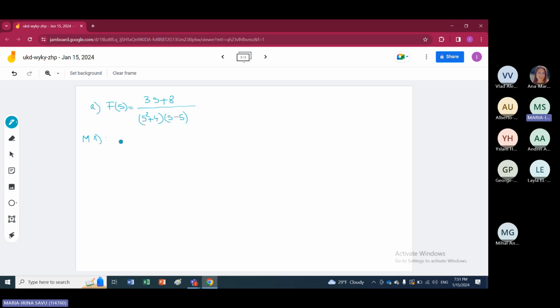How many simple fractions do you need here? How many? 3. Let's see. Why did you say 3?